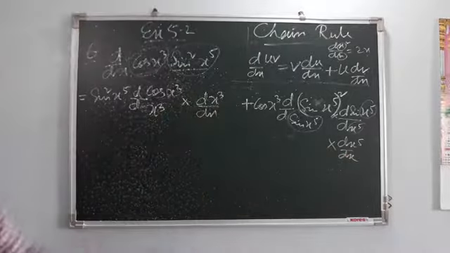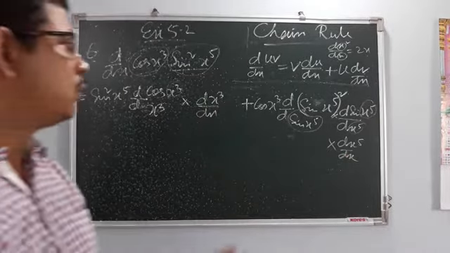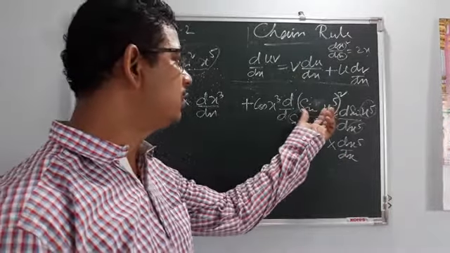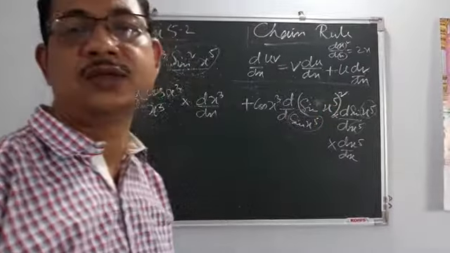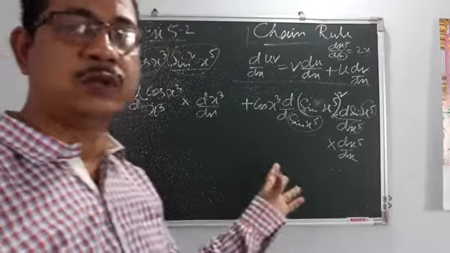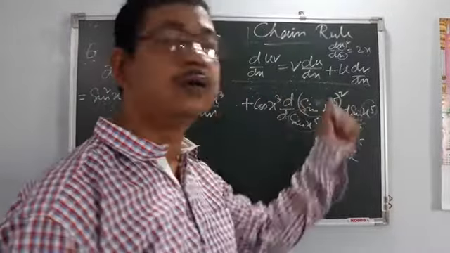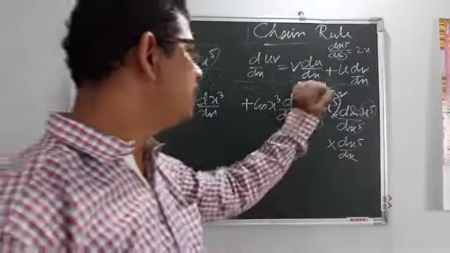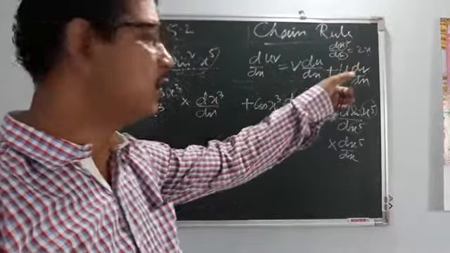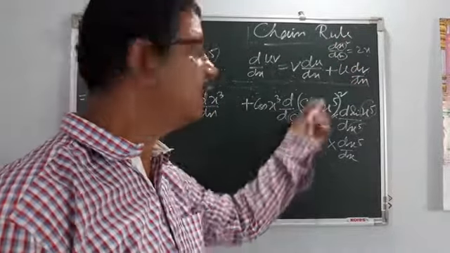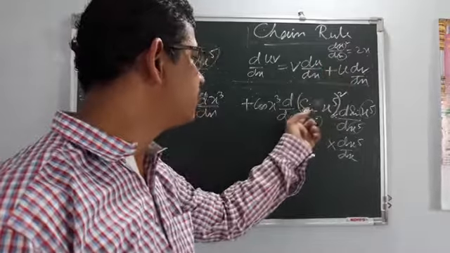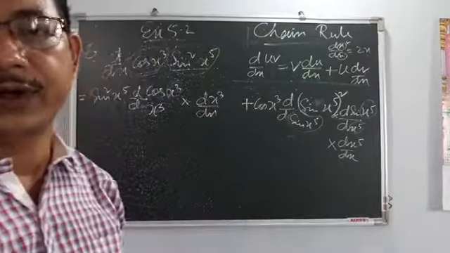See here, the chain rule is used 3 times. First, it is the differentiation of sine square x to the power 5 with respect to x. As it is sine square, I have given the square on the power. It is like d(x square)/dx, so we have written it like that. So sine x to the power 5, sine x to the power 5.